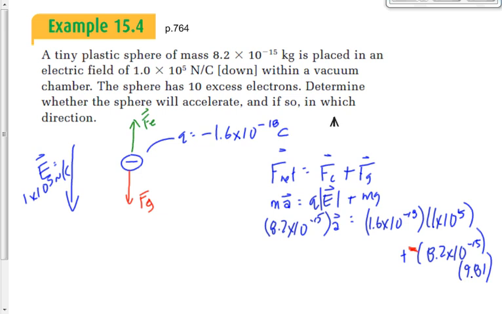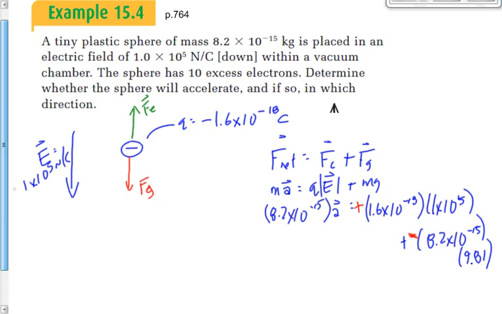What about the electric force? You look at the picture, right? Which way is the electric force? Caitlin, which way is the electric force here in this picture? Upwards. So we're going to leave it positive. Do you understand why that diagram is so important? If you don't draw that picture, you're going to have no idea whether this electric force is upwards or downwards. And that's going to make all the difference in the world for this problem.